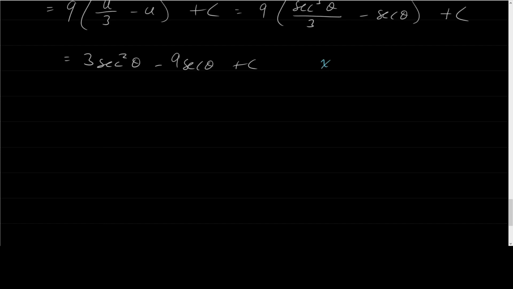Recall that x is the same thing as x over 1. So that allows us to make this triangle where this is theta. Tangent from SOHCAHTOA is opposite over adjacent. So in this case, the opposite is x, the adjacent is 1, making the hypotenuse the square root of 1 plus x squared. And that's from the Pythagorean theorem, right?